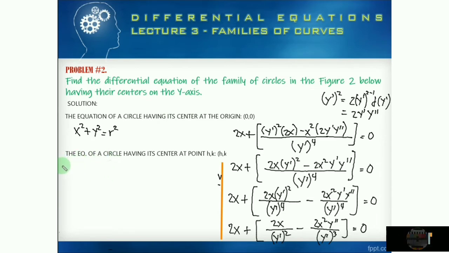So we have here 2x, and then we distribute this one, so this would be plus 2x over y prime squared, and then plus and minus, so minus this 2x squared y double prime all over this y prime cube is equal now to 0.